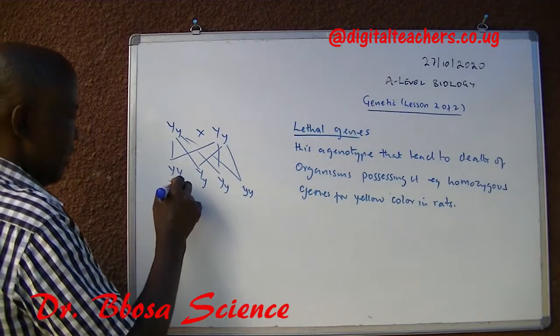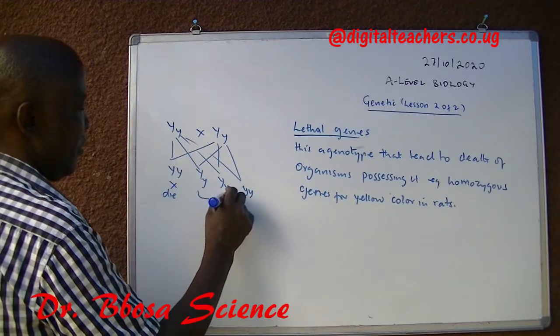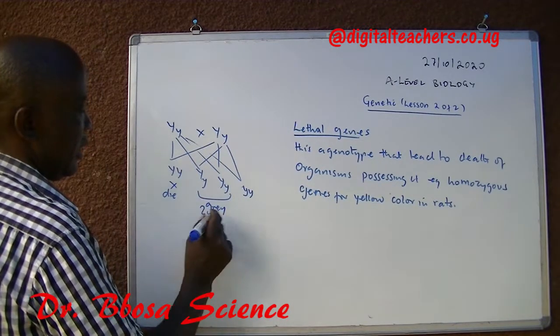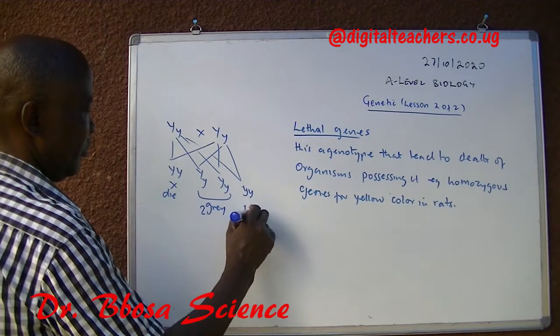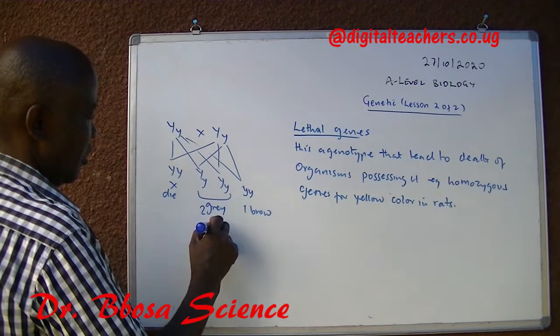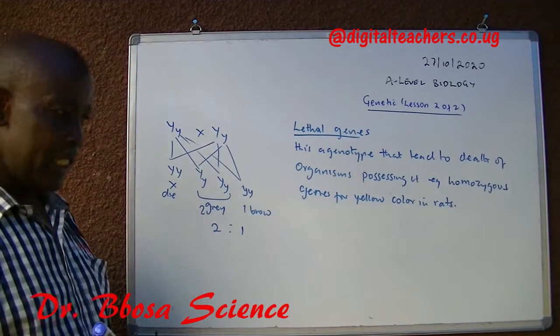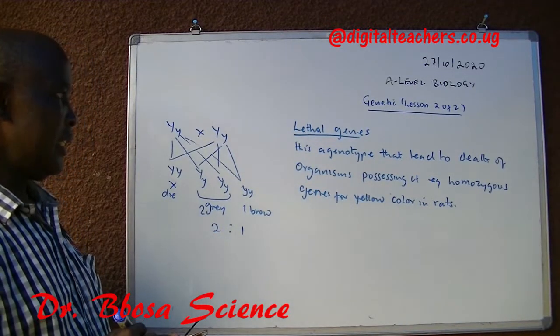You find that this one dies, such that offsprings will always be 2 gray and 1 brown. So the ratio 2 to 1 represents lethal genes.